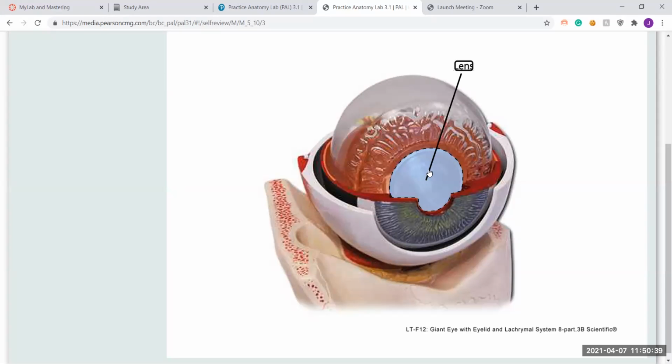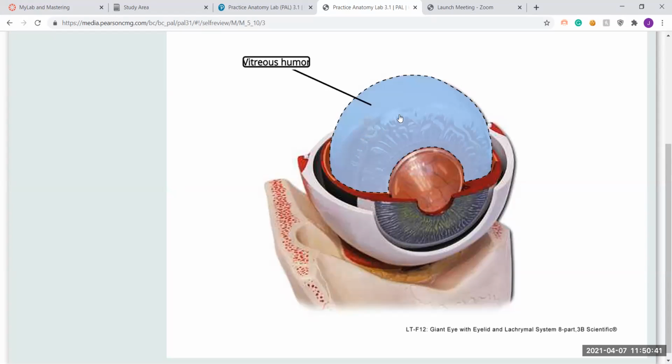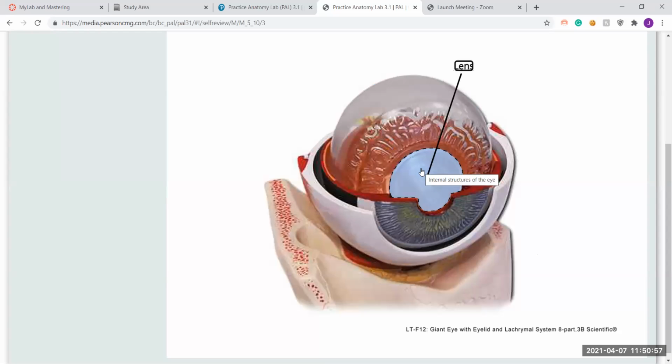And then behind, you see the lens here. Behind the lens, you have the very thick, jelly-like fluid, which holds your retina to the wall of the eyeball. That is called vitreous humor. Vitreous humor lies in the posterior segment. So the lens is the boundary between the anterior and posterior segments of the eye.